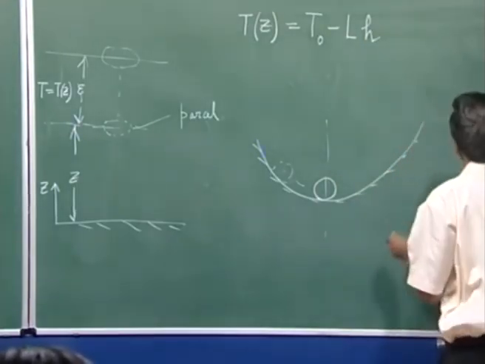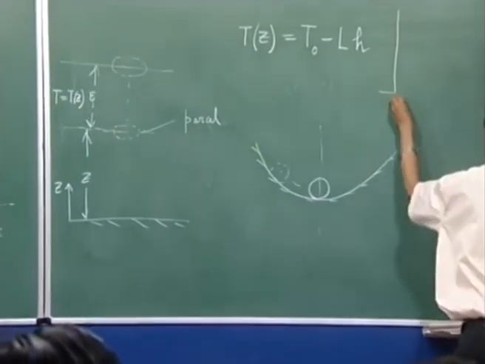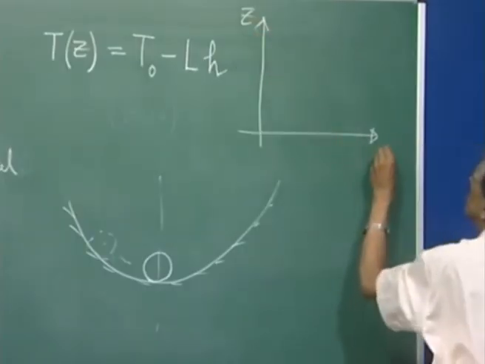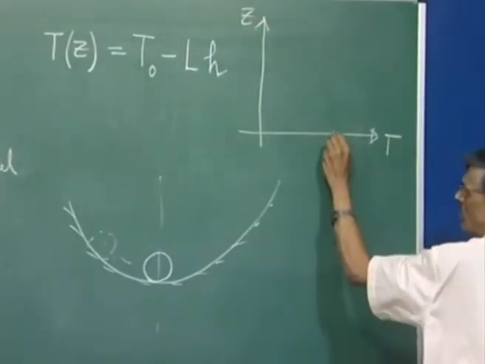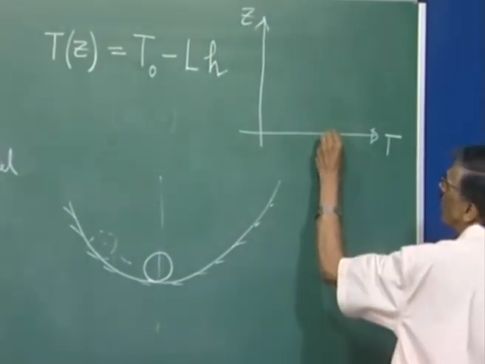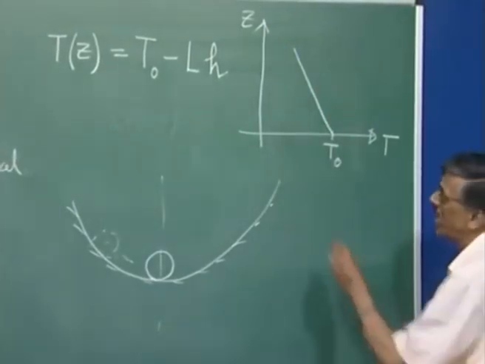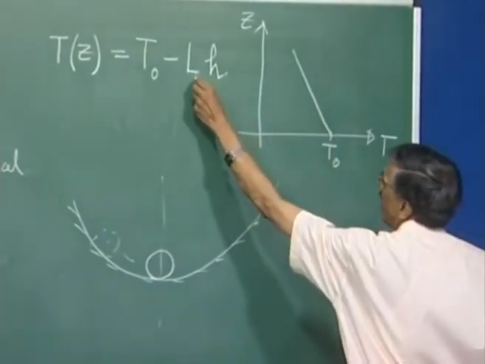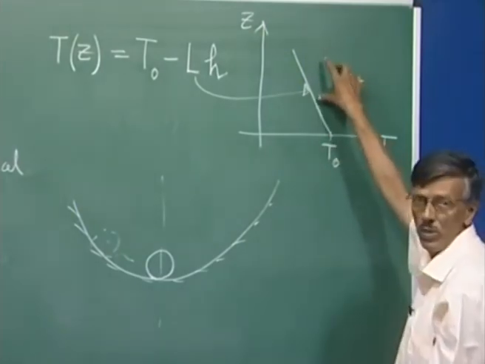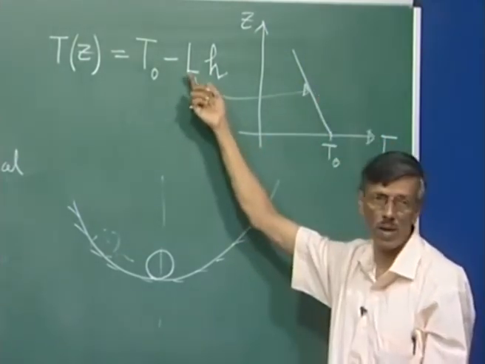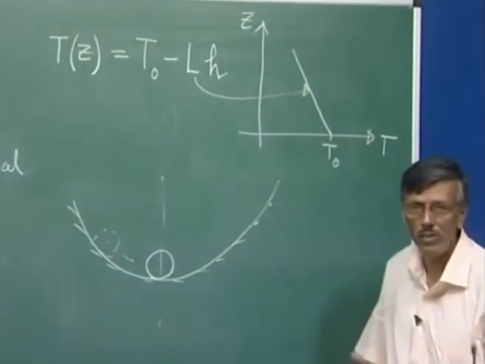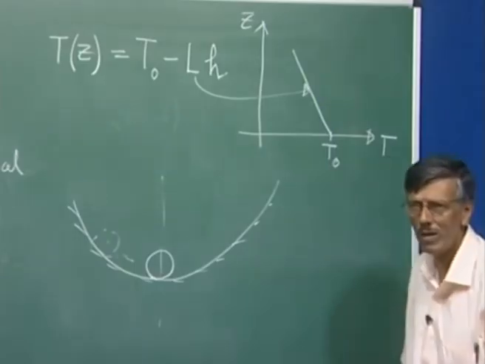So, basically if I plot the height versus T, it starts off with some value T0 and then it is falling off like this. The rate at which it is falling is given by L. So, with unit height, the temperature falls by L. It starts off from a datum level T0 and falls off. We can study the instability, right.